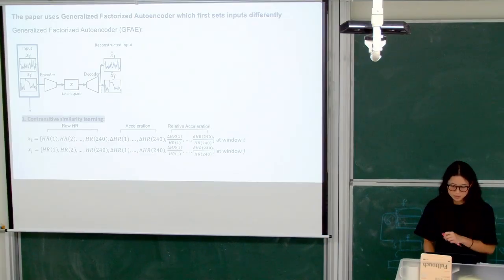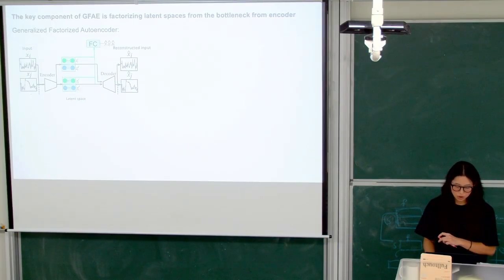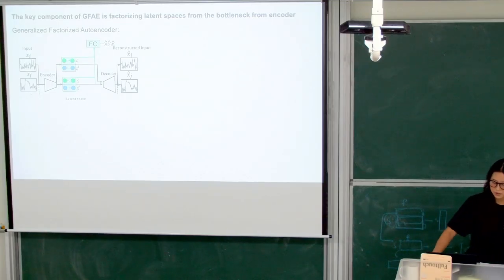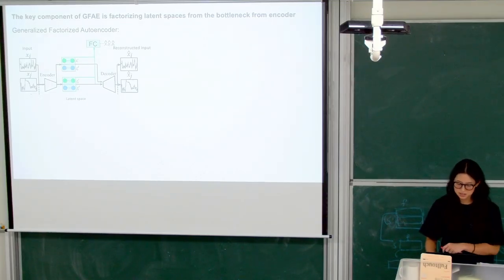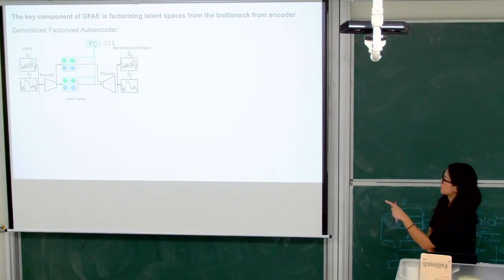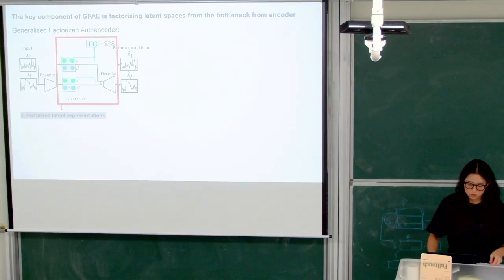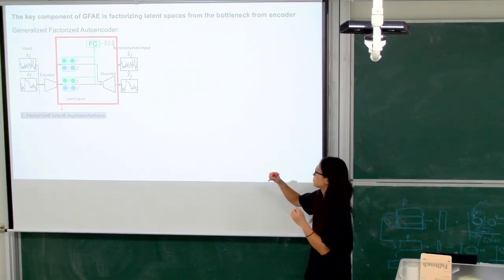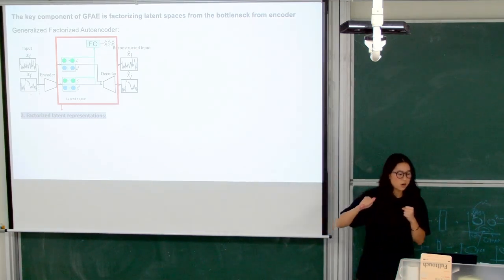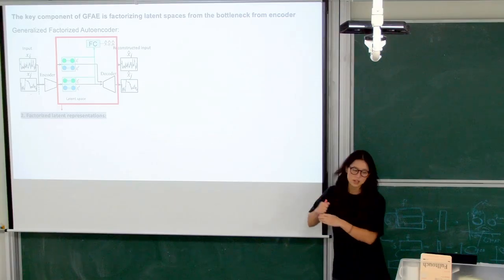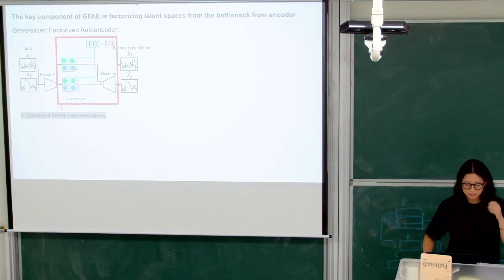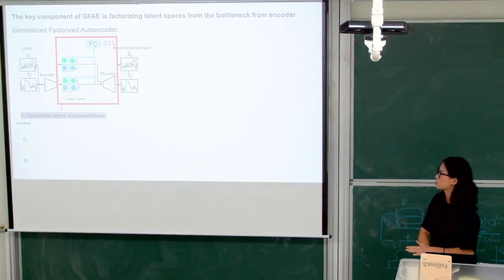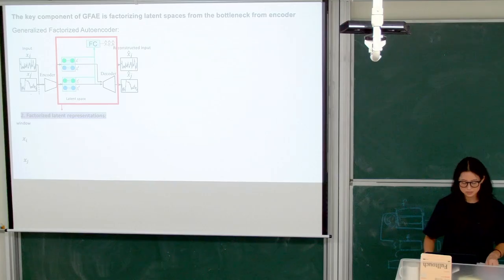And then the next part of the generalized factorized autoencoder is the latent space, which looks like this. What this basically does is split the latent space into half, one for class and one for domain. I will provide a very simple example to show how it works.